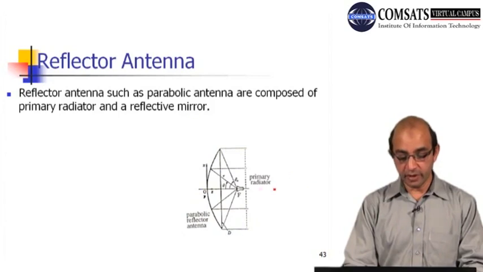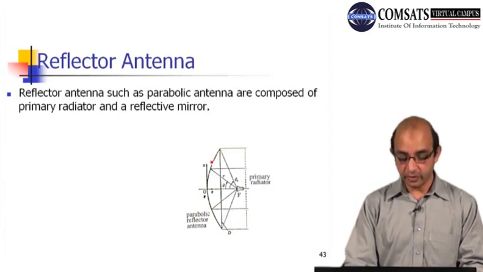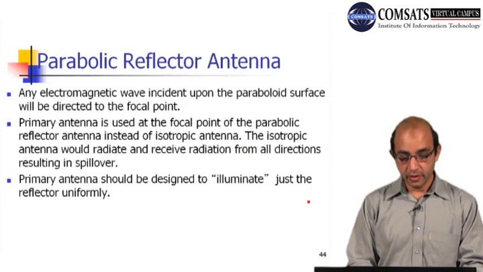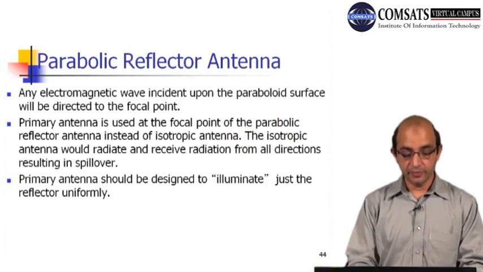This is the primary radiator, and this is the reflective surface or reflective mirror, and the radiations that are incident over here will be reflected back to the focus or the primary radiator. Any electromagnetic wave that is incident upon the paraboloid surface will be directed to the focal point.